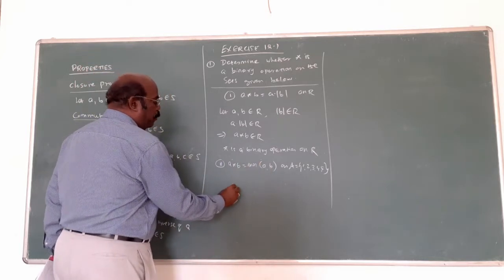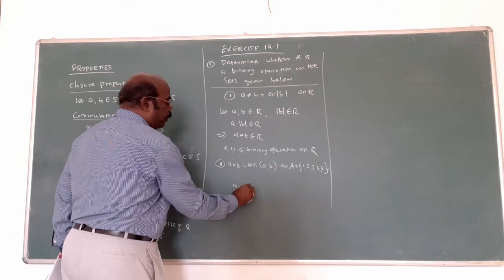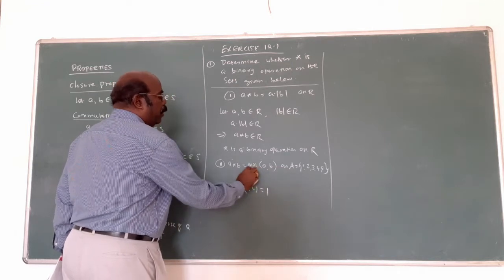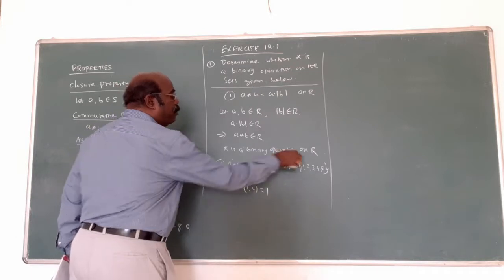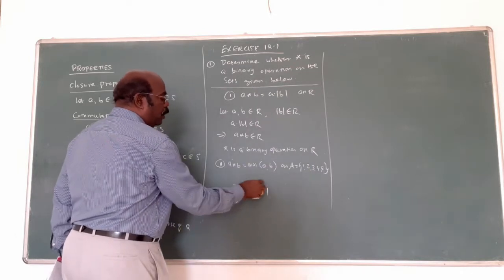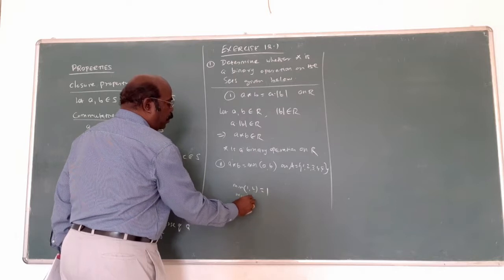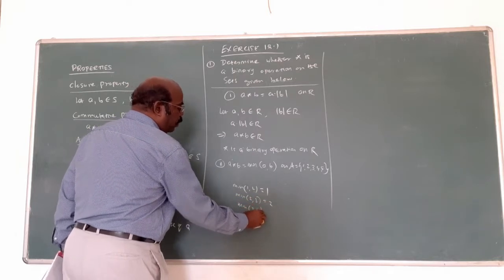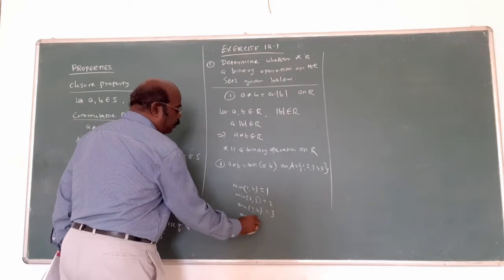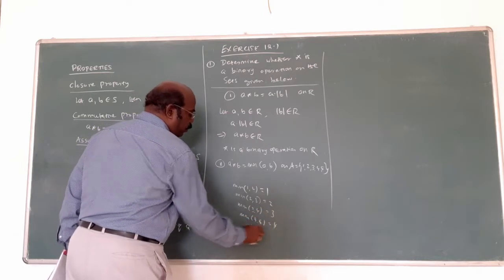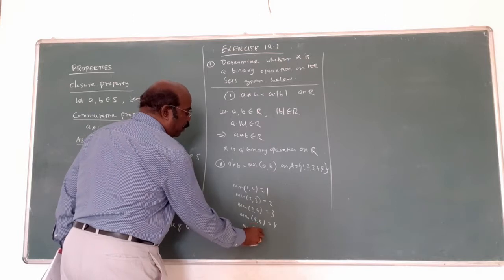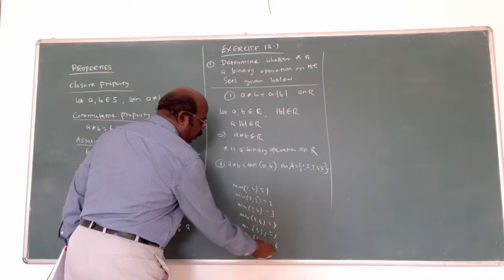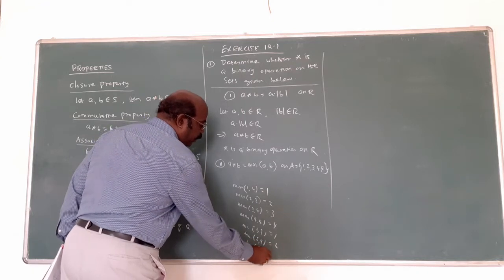For example, minimum of 1, 2 is 1. You assume two elements from the set A. Minimum of 2, 3 is 2. Minimum of 3, 4 is 3. Minimum of 4, 5 is 4. Minimum of 1, 3 is 1. Minimum of 2, 4 is 2. Minimum of 3, 5 equals 3.